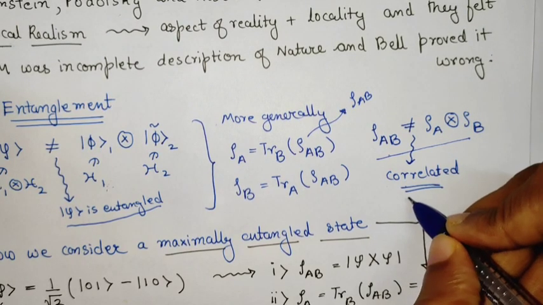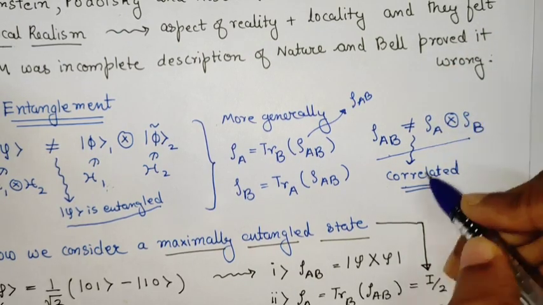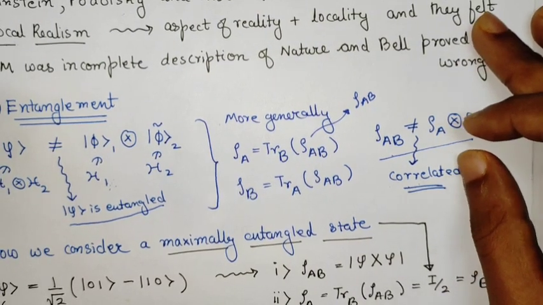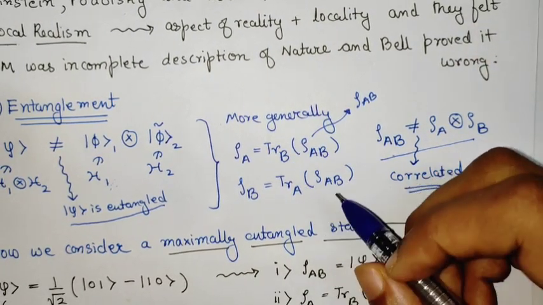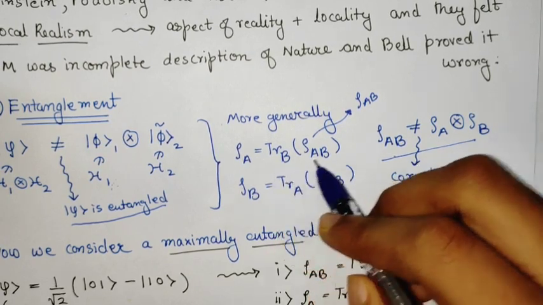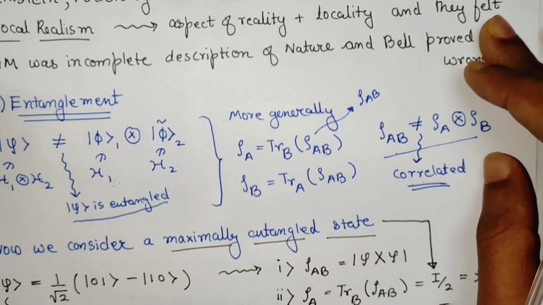Entanglement, which we generally think of, is maximal correlation, or we call them maximally entangled states. This formalism I have discussed previously also in my videos. For now we will take it for granted that this reduced tracing operation really exists.